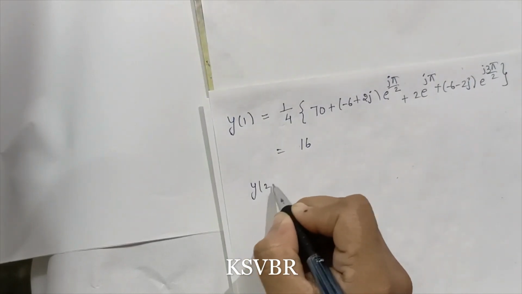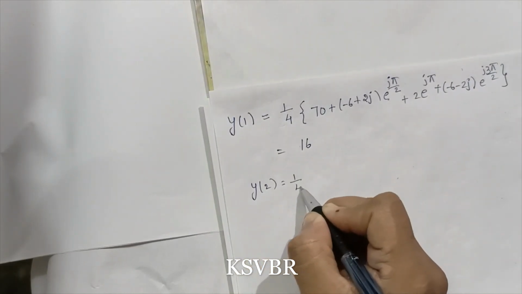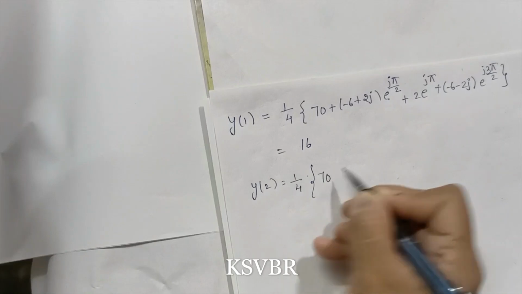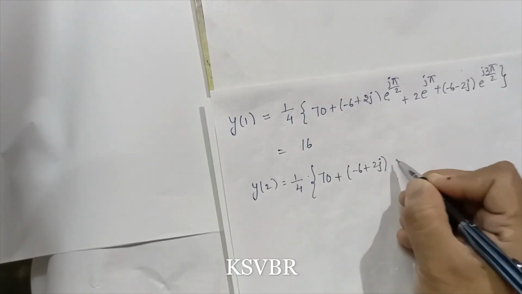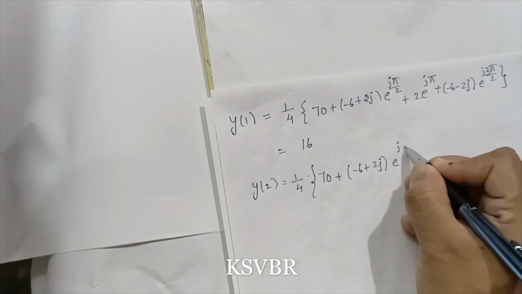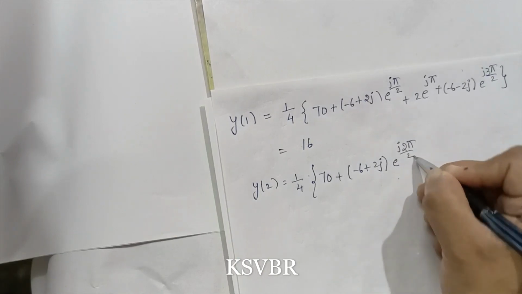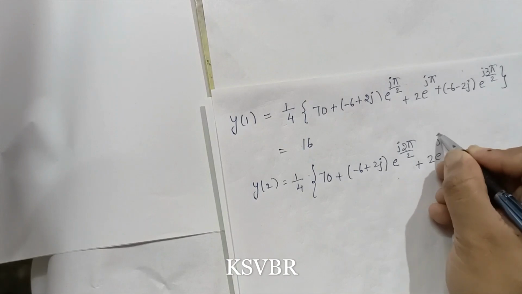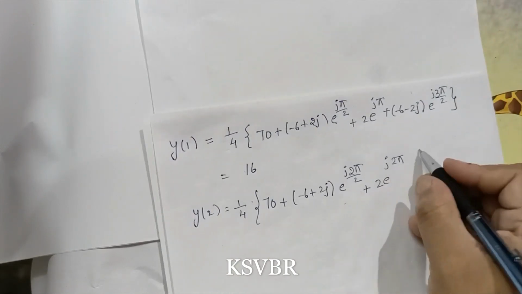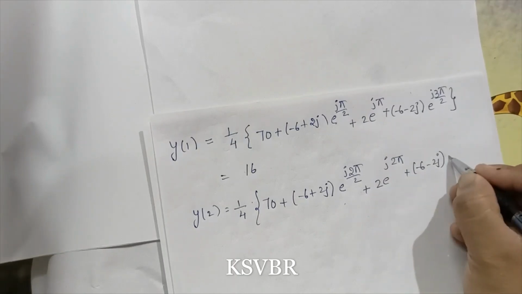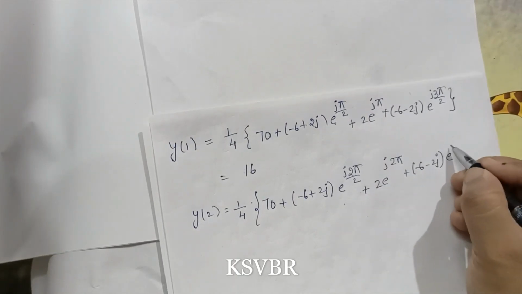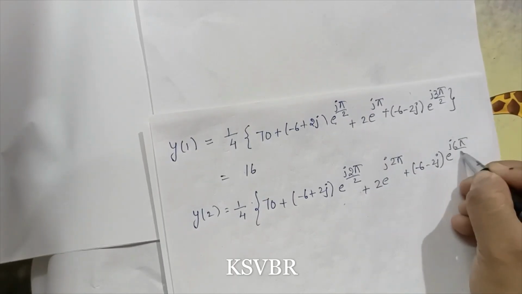Same, y(2) is equal to 1/4 into 70 plus (-6+2j) into e^(j2π/2) plus 2 e^(j2π) plus (-6-2j) into e^(j6π/2).